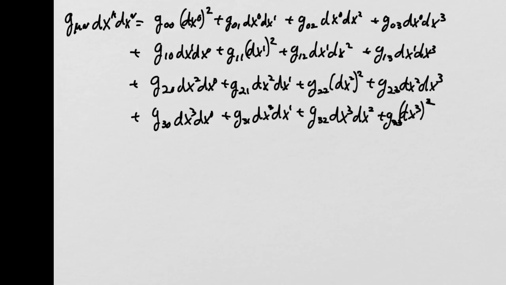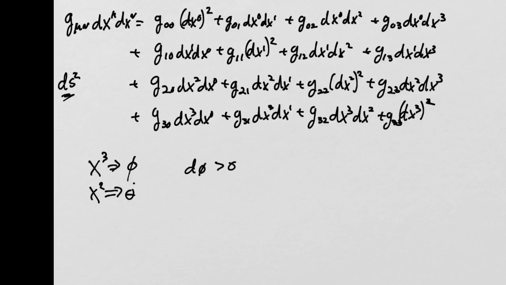If we understand that, say, x3 corresponds to the phi variable and x2 corresponds to the theta variable, we know that for the line element, this ds squared, it really shouldn't matter if you move a little bit in the positive direction or in the negative direction.